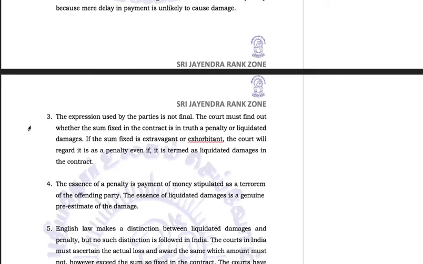The court is not bound by the terms of the contract if they are opposed to public policy or opposed to the law laid down in India. So when you go against the law and put down conditions in the contract, the court is not bound to regard them. If you are trying to clothe a penalty clause as a liquidated damages clause, the court is not bound by that.